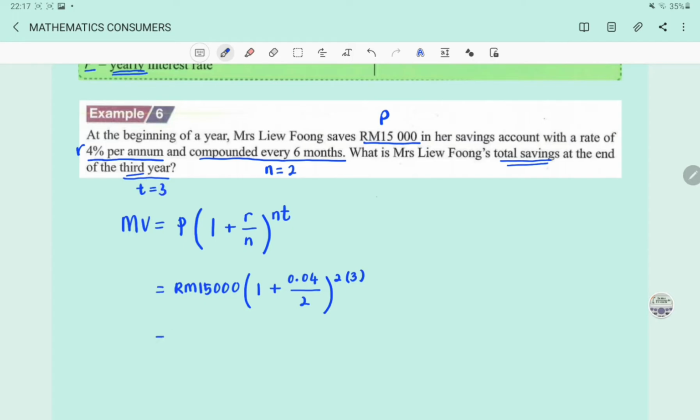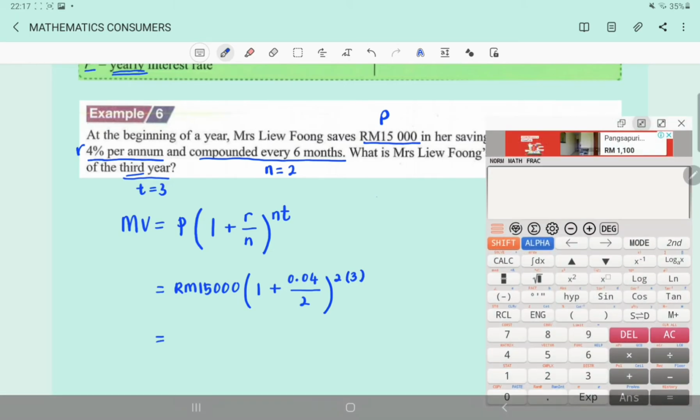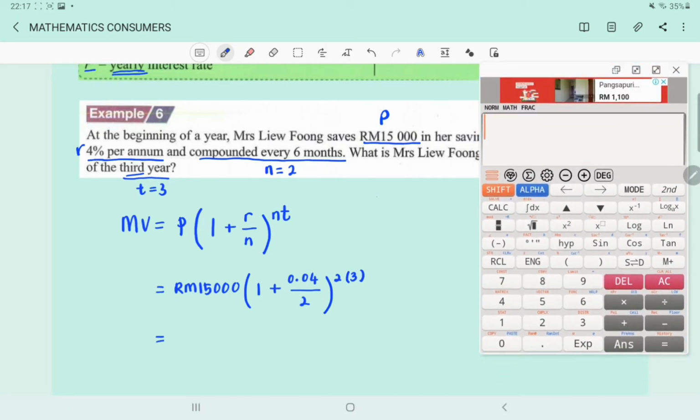Then you calculate by using a calculator. 15,000 times (1 plus 0.04 over 2) to the power of 2 times 3, which is 6.